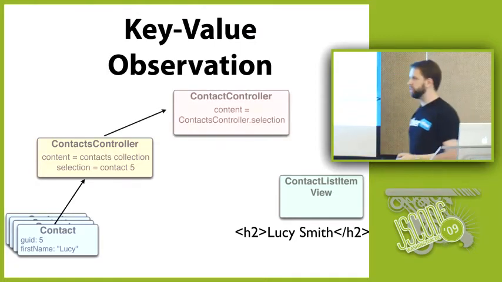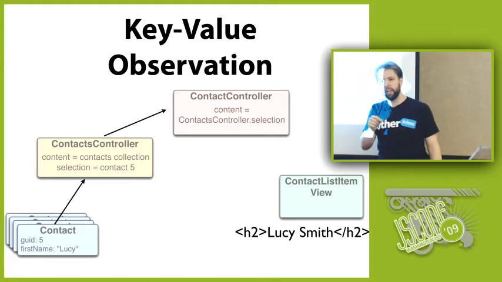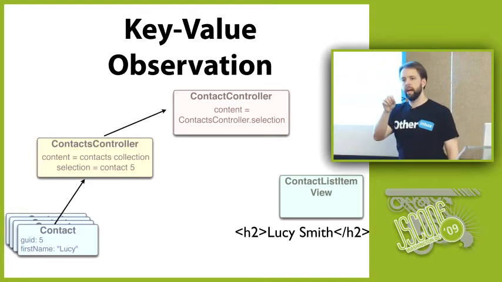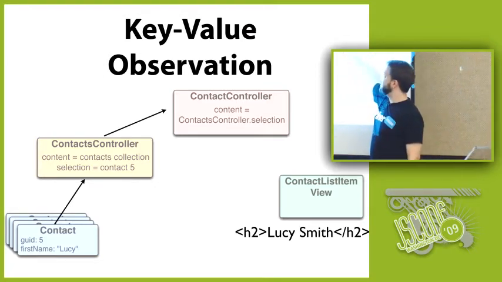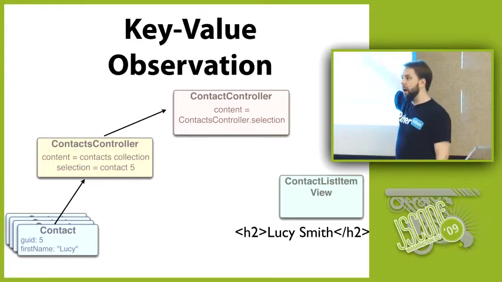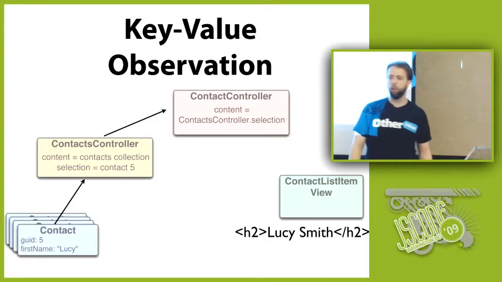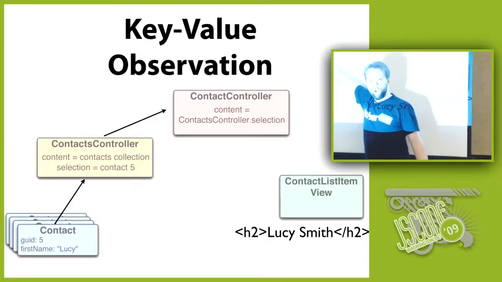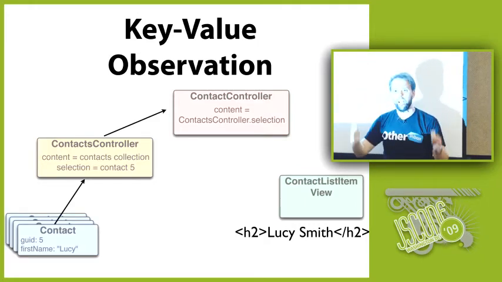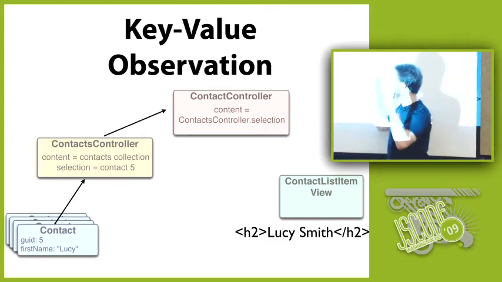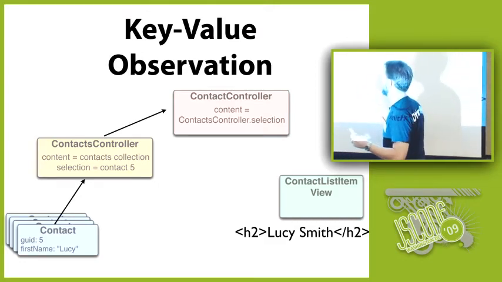So then there's the detail controller, which just represents one particular contact. The content of the contact controller is bound to the selection property of the contacts controller. So my contacts controller, its content is a collection of contact objects. I probably need to get rid of this alliteration and change it to something else, but that's fine.